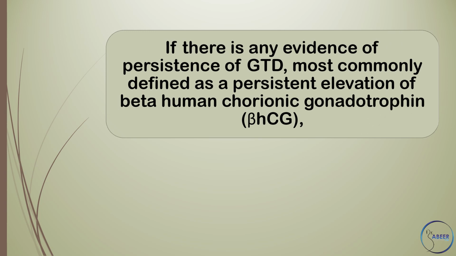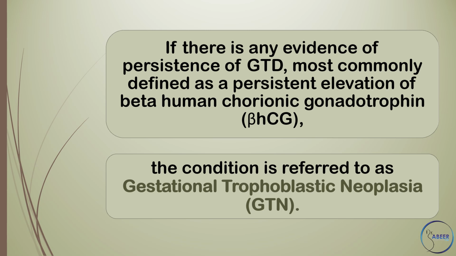If there is any evidence of persistence of gestational trophoblastic disease, most commonly defined as a persistent elevation of beta-human chorionic gonadotropin, the condition is referred to as gestational trophoblastic neoplasia, or GTN.